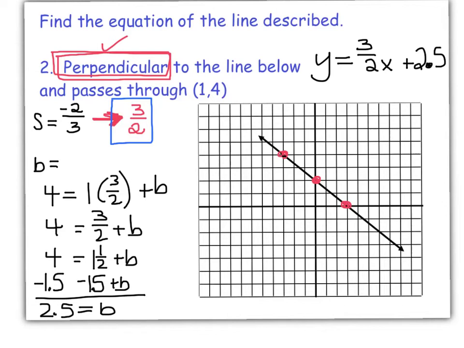So 2 1/2, run 2, rise 3, and then backwards 2, and down 3. And you'll notice that our lines become perpendicular.